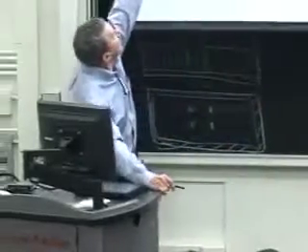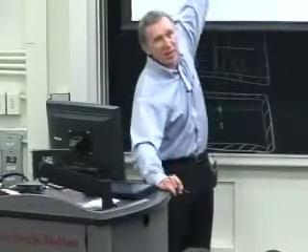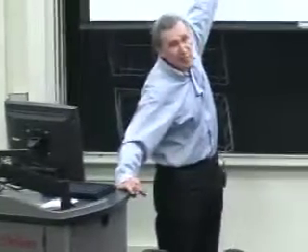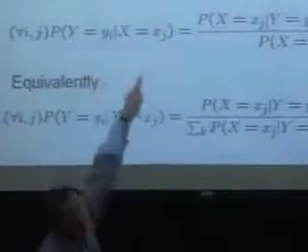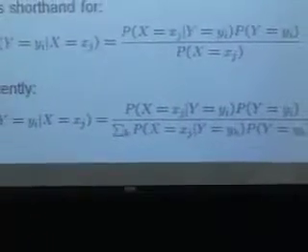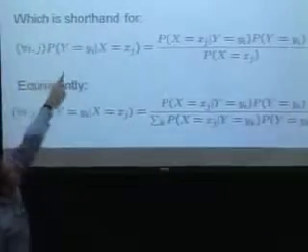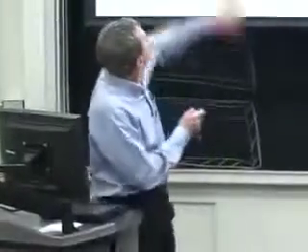And so that top expression is just shorthand for this one, which says that for every possible value that the random variable uppercase y can take on, and for every possible value that the random variable uppercase x could take on, it's true that that particular probability is equal to that. This is more precise, but the shorthand that a lot of people use is just to leave out this. But every time you start wondering what those things mean, just expand it out to this universally quantified statement, and it's very clear.